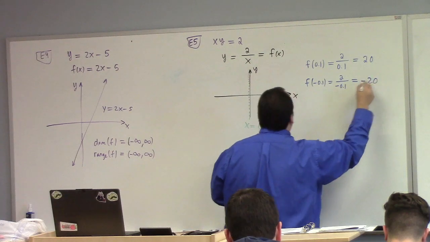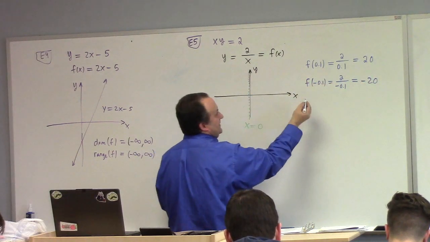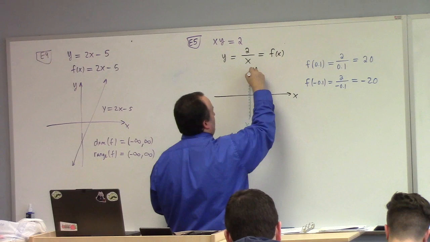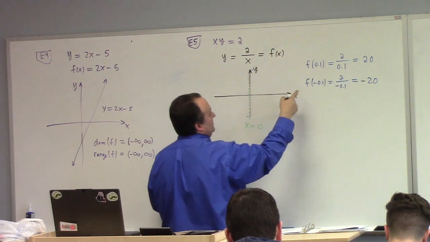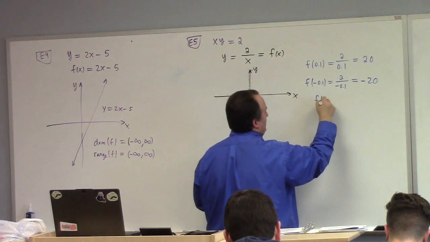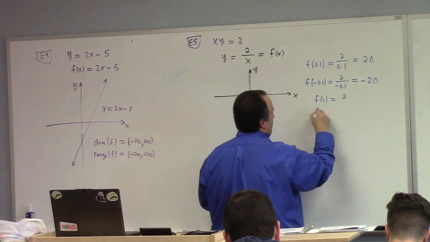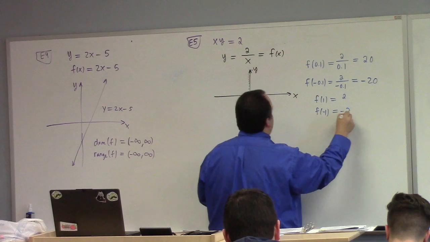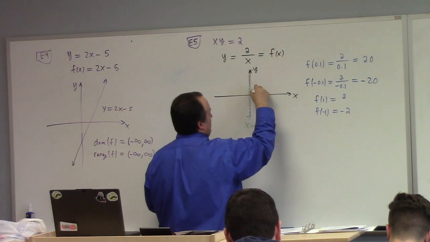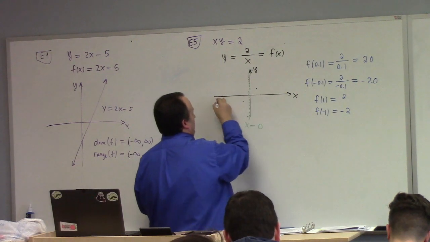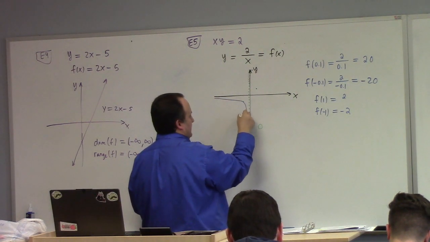So what's the deal with this function is it's getting super tiny and super big as we get close to the axis, right? If you plug in 1, you get 2. If you plug in minus 1, you get minus 2. So it goes from 20 to 2 just like that. And if you put in some more points, you're going to get this shape, basically.